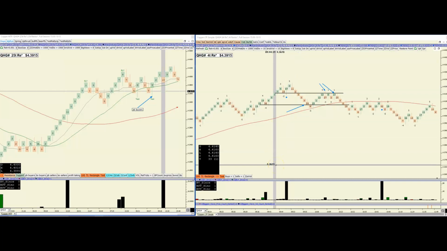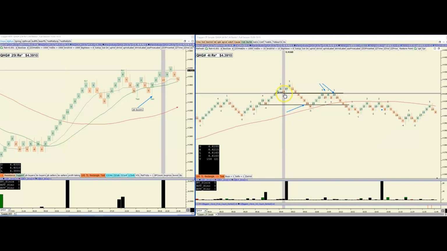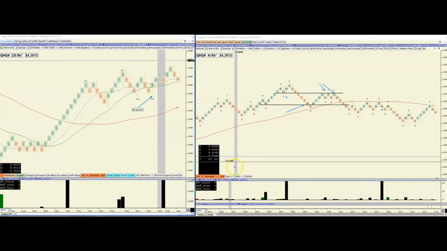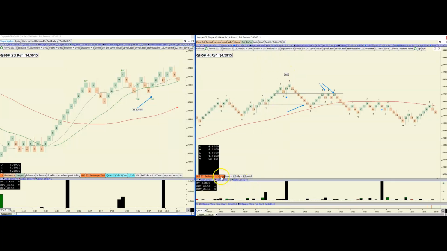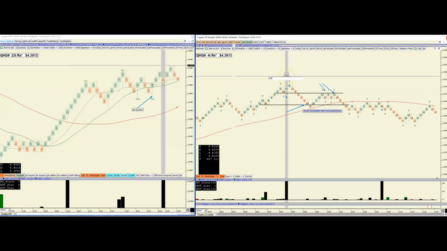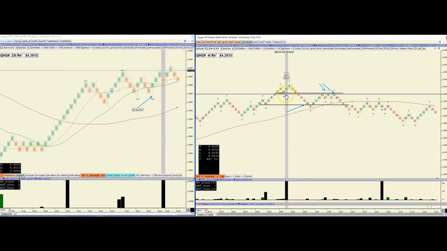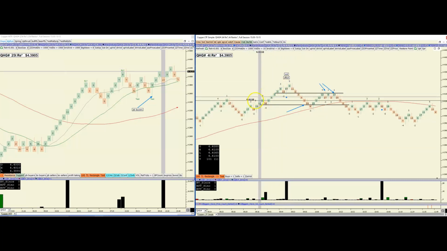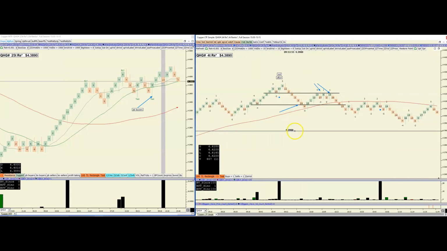Why is that? It's because that volume off the top makes this whole thing both a shortening of the thrust and effort. This right here is shortening of the thrust and effort because you have more volume than 1, 2, 3, 4, 5 prior waves.